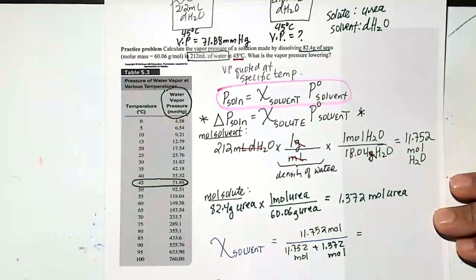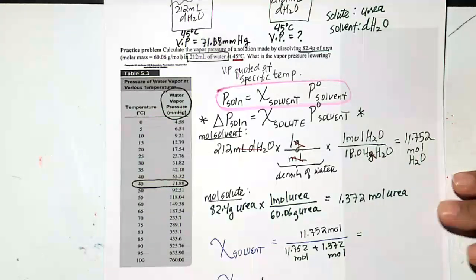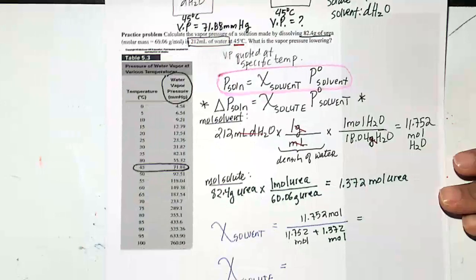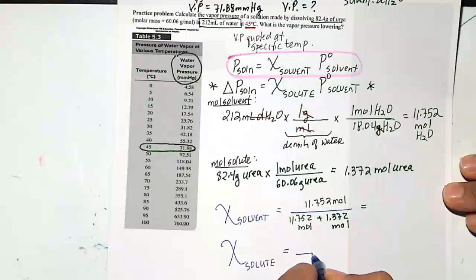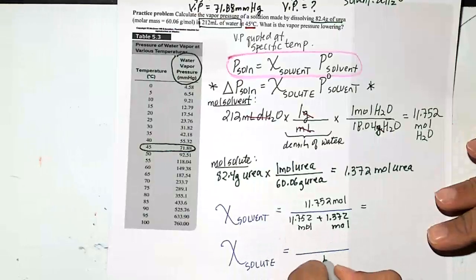Okay, let's go ahead and do the same thing for the solute. What would be the mole fraction for the solute? What always goes at the bottom? Solute plus solvent.